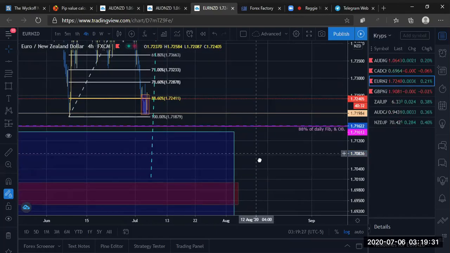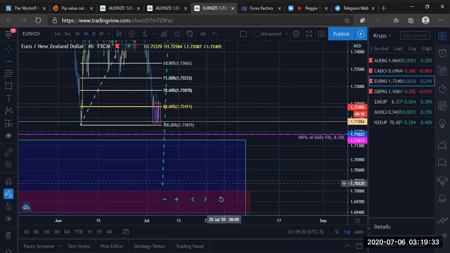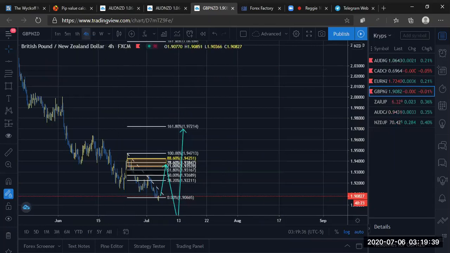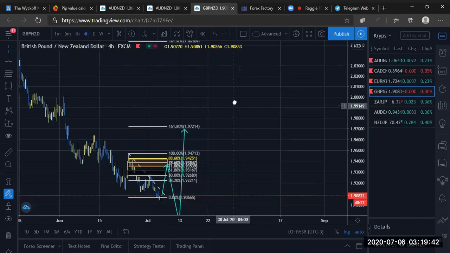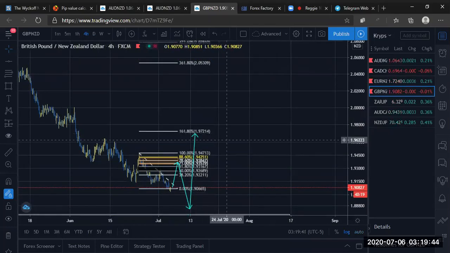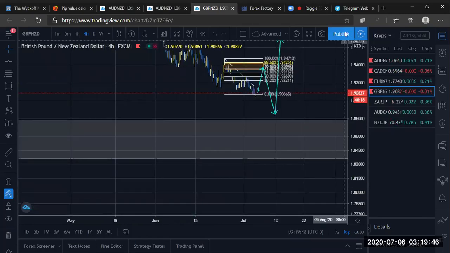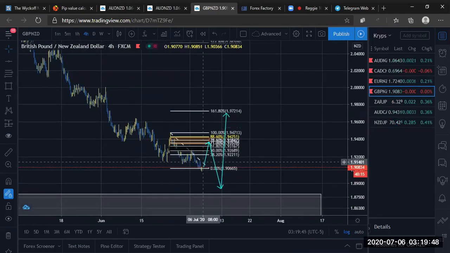So even if you get a small little push up, probably a push down here, then a big push up to the upside. That's just my prediction. GN is the exact same thing because remember, AN and GN, they move similar to each other. Big push up, except for this one, I'm anticipating the sell down for the buy up instead of just the buy.